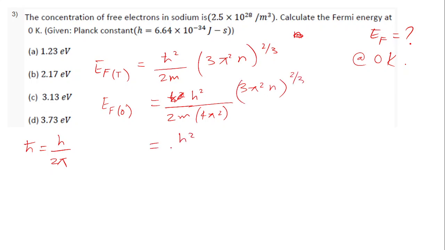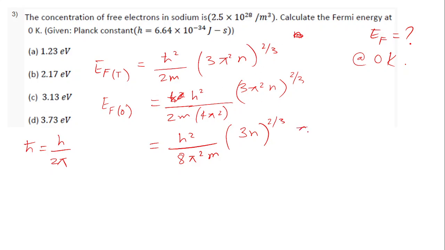This will become h square by 8 pi square m, and if I take m outside and 3n is still inside, but I take out this pi square, because pi square I have to calculate here again and it won't be useful, so I'll take this pi square out.